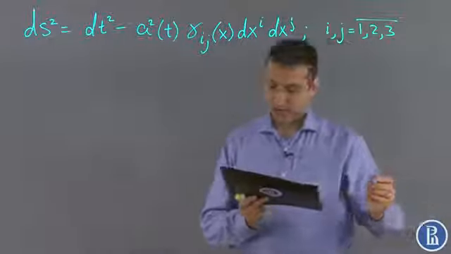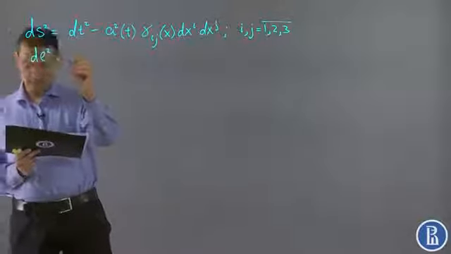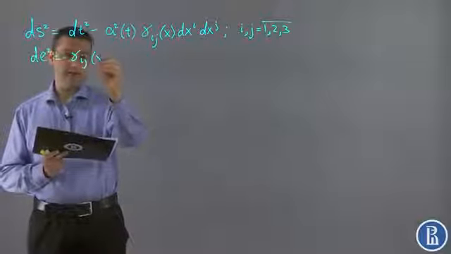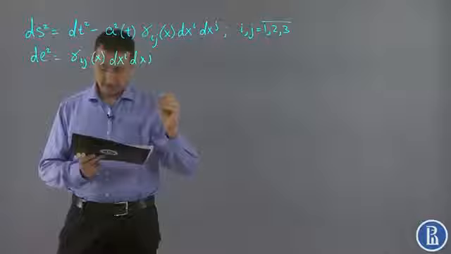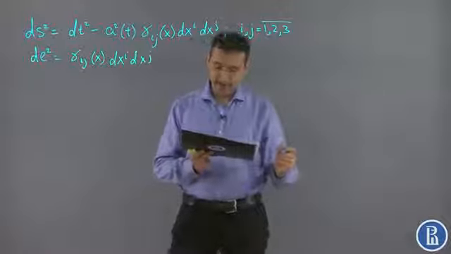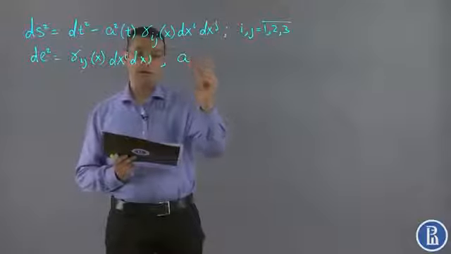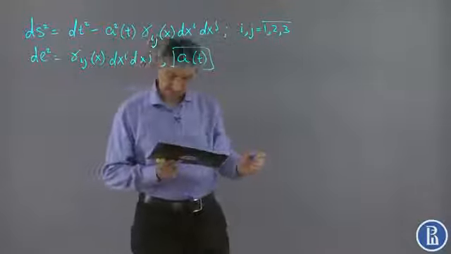So here, dl squared, which is gamma ij of x dxi dxj, describes spatial sections, and their size is changing in time according to the change in time of the scale factor a of t.